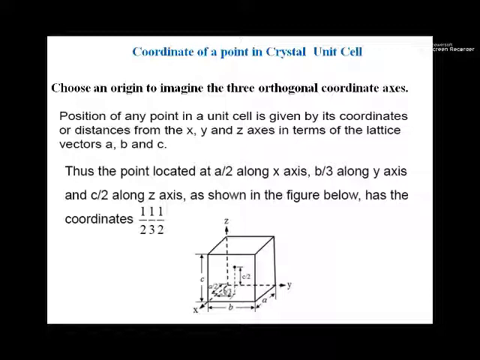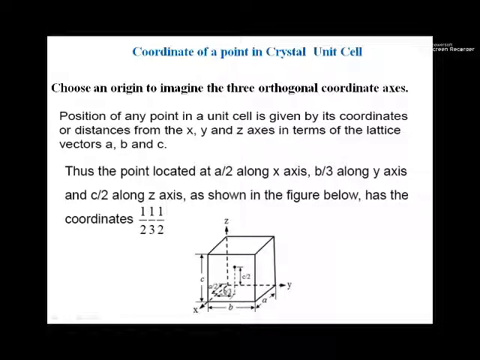Say for example, the point which is located in this figure is located in such a place where it intercepts along the x-axis at a by 2, along the y-axis at b by 2, and along the z-axis at c by 2. That is shown in the figure. So the coordinate of that particular point with respect to the origin must be half, half, half.